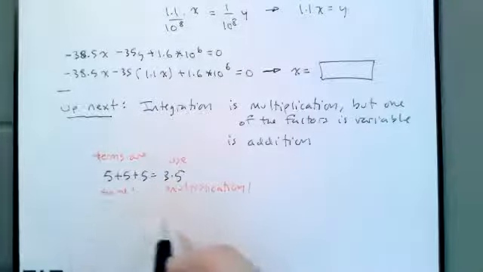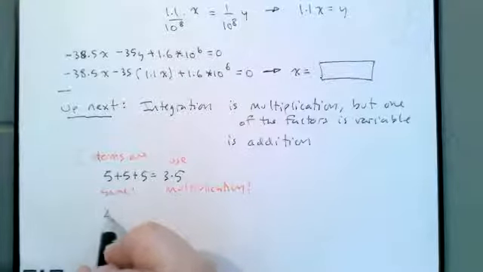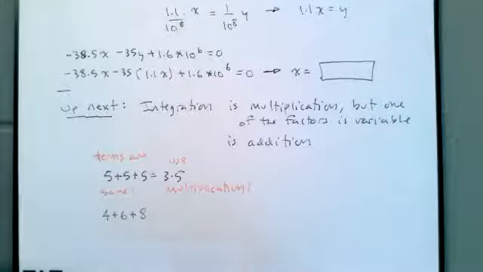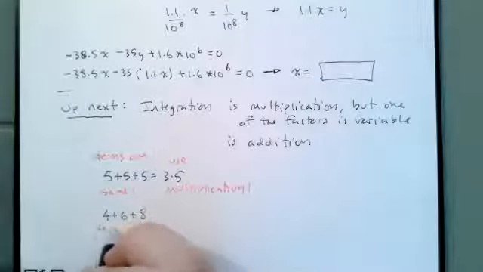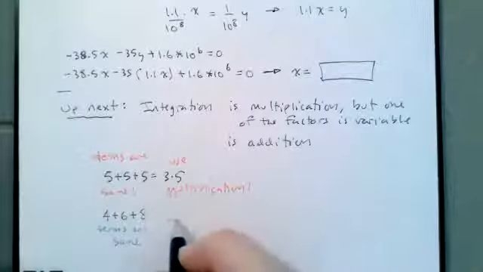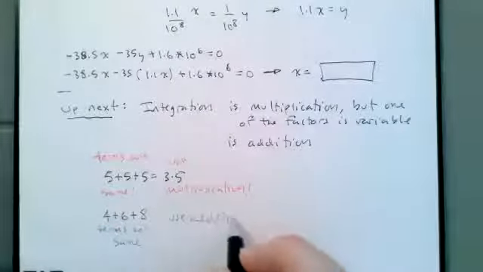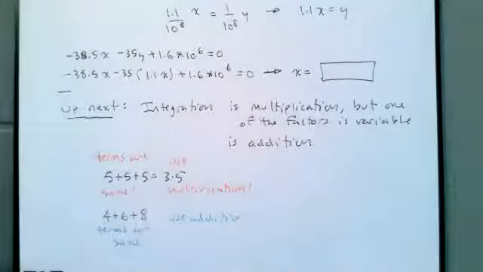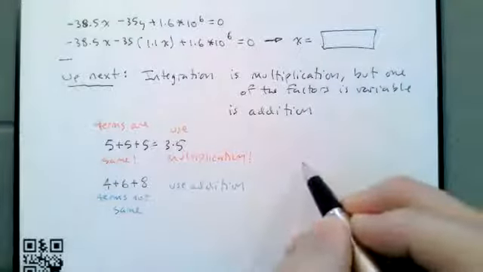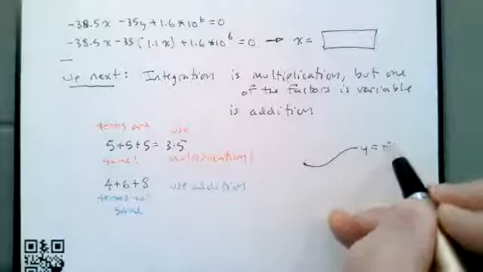But if I have, let's say, 4, 6, and 8, this is just an addition problem. The terms are not the same. So we need to use addition. Where integration comes into it is when instead of having a discrete sum, we have a continuous function.